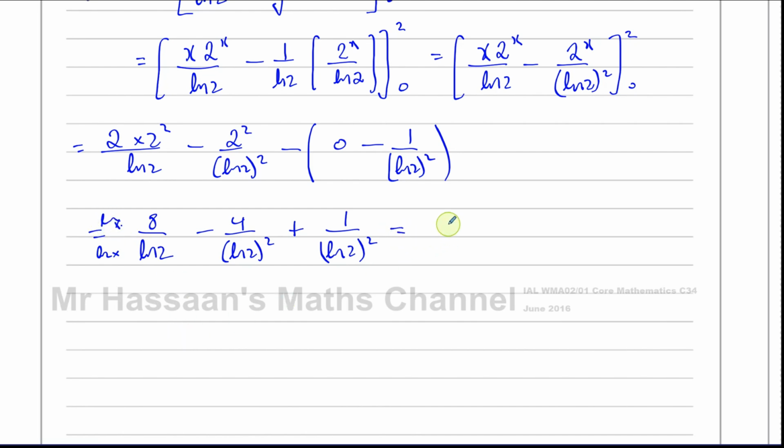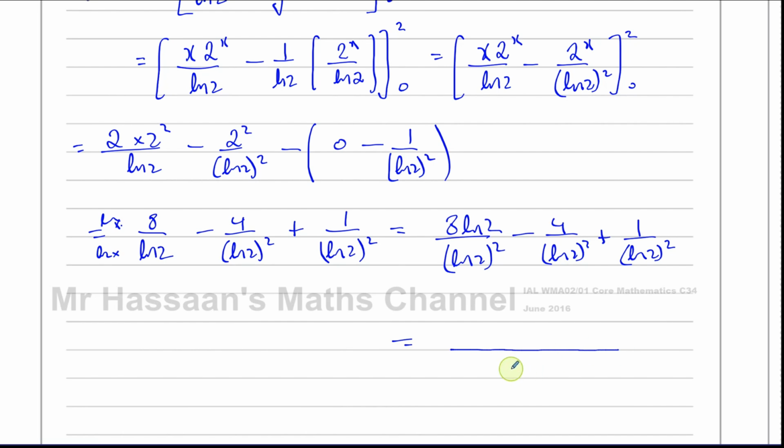So I'll end up with 8 ln 2 over ln 2 all squared minus 4 over ln 2 all squared plus 1 over ln 2 all squared, which gives you under one denominator ln 2 all squared, and on top 8 times ln 2 minus 3. And there we have our answer.